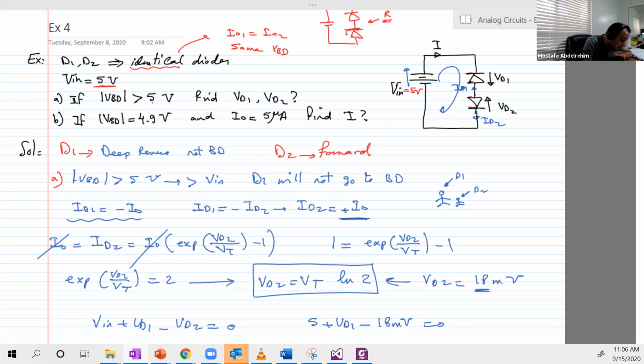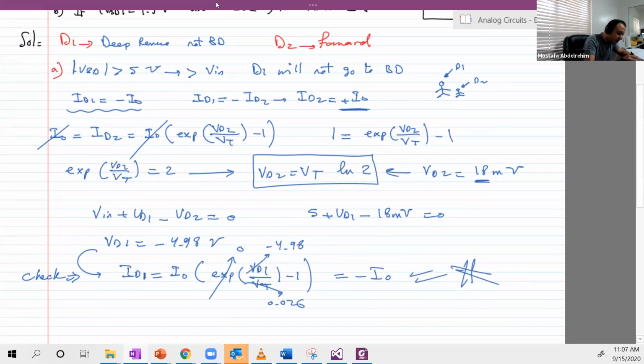Now V breakdown is less than V input, and it's exactly equal to 4.9. And now I is given equal to 5 microamps. And the question is find I. This is I here. It's given with this polarity, this direction in the circuit. So we don't change it. We should stick to what's given. Okay.